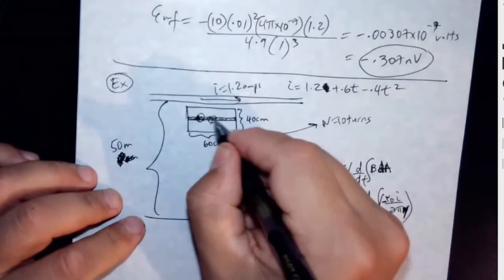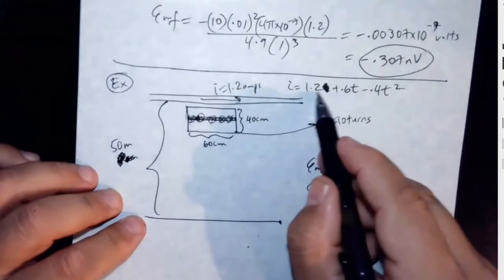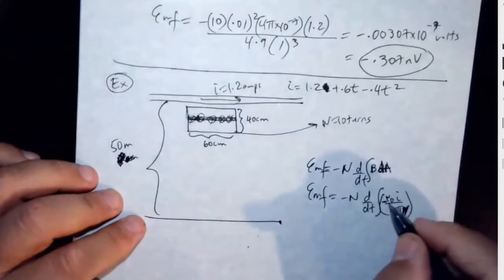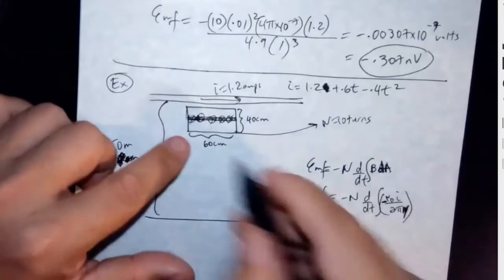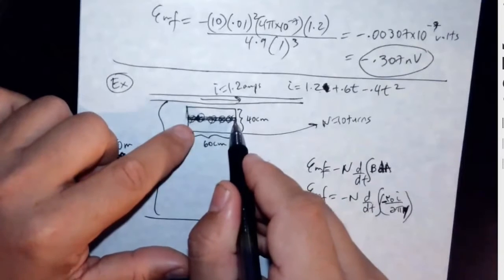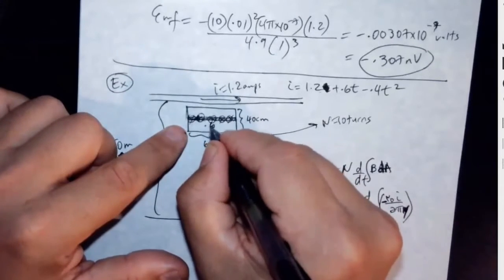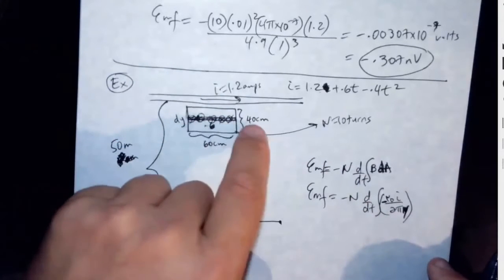The field is into the board. But that's, of course, when the I is positive. Then the field here is into the board. So then that's negative 2 pi y. And then dA is going to be the area of that. So it's going to be the length, 0.6 meters times dy. All right, so 0.6 times dy.